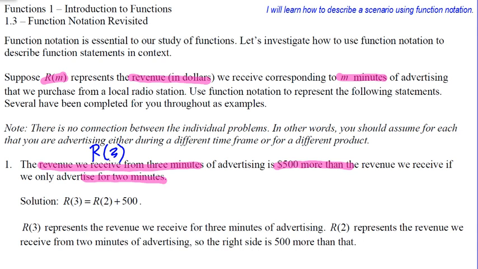And so our solution here is R of 3 equals R of 2 plus 500, for $500. R of 3 represents the revenue we receive for 3 minutes of advertising. And then R of 2 represents the revenue we receive from 2 minutes of advertising. So the right side is $500 more than that.